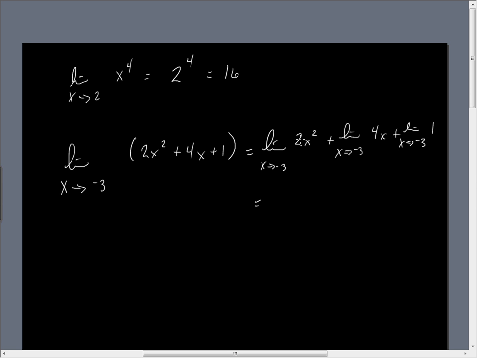Now let's look at the first limit here, and I can break this up this way.